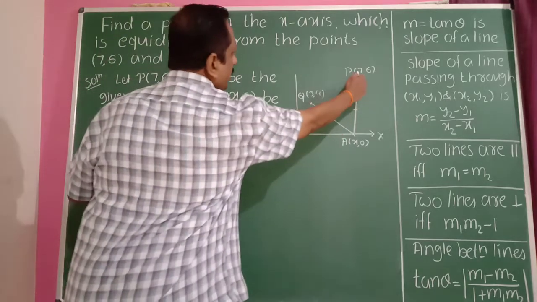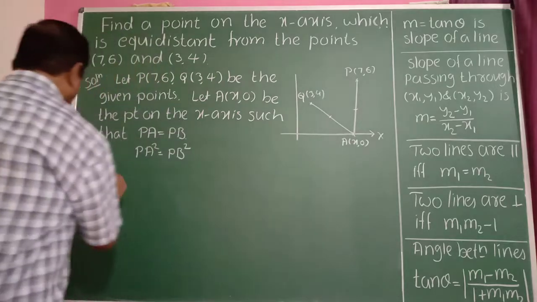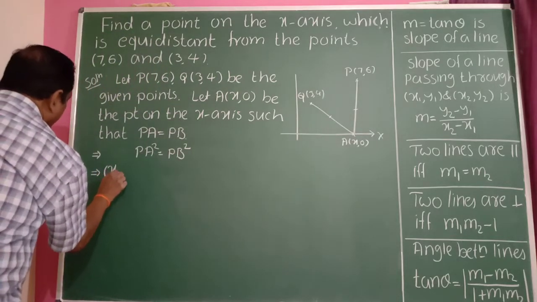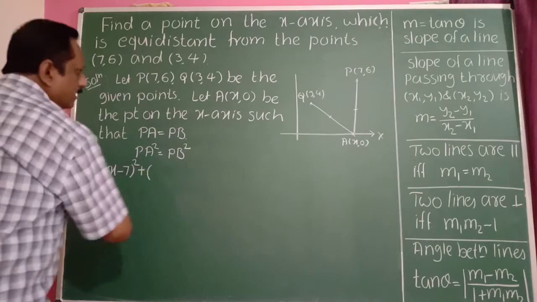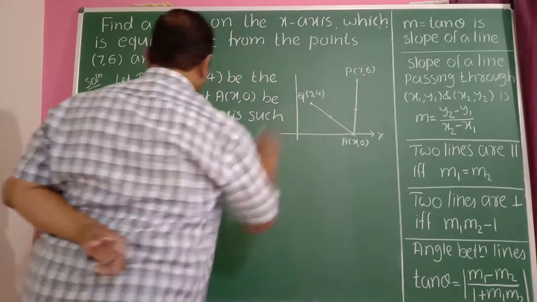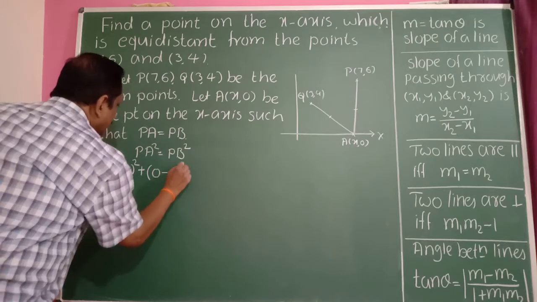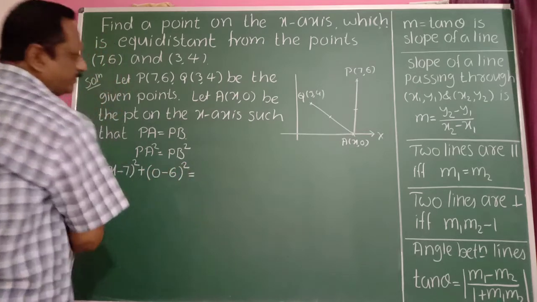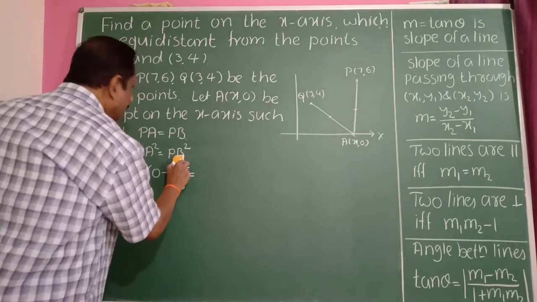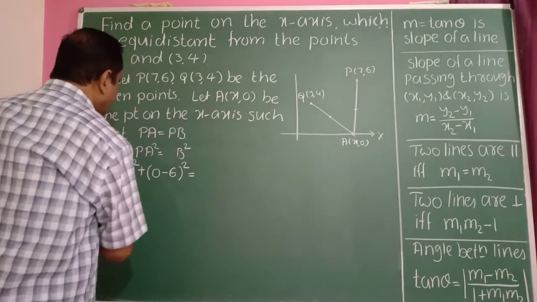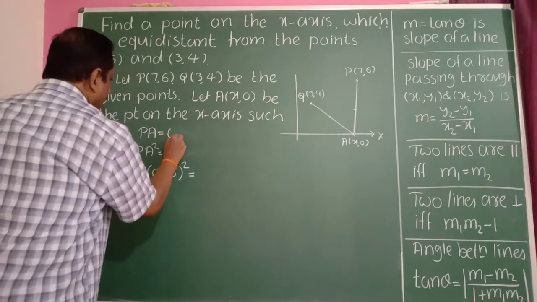So take the points P and A here. Therefore, (x minus 7) whole square plus (0 minus 6) whole square is equal to QA square.